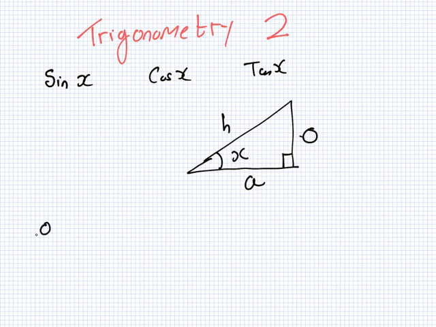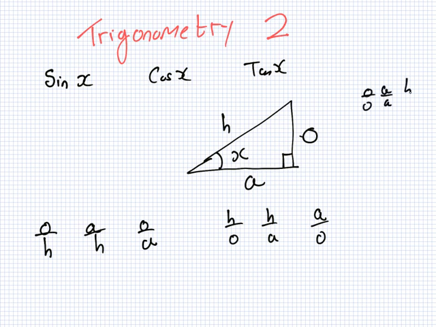So you can have O over H, A over H, O over A. But you can also have H over O, H over A, and A over O. Now there's actually 3 more that you can have, but they don't make any sense: O over O, A over A, and H over H, but they're silly to look at because they're always 1.